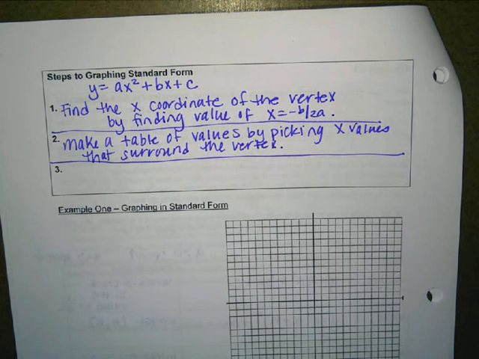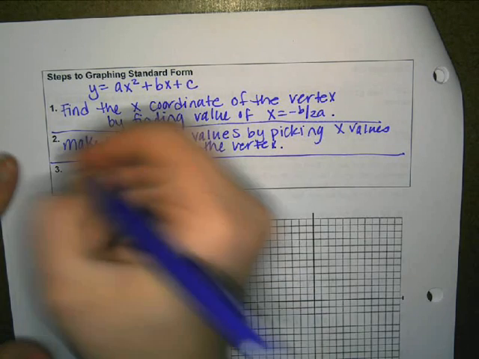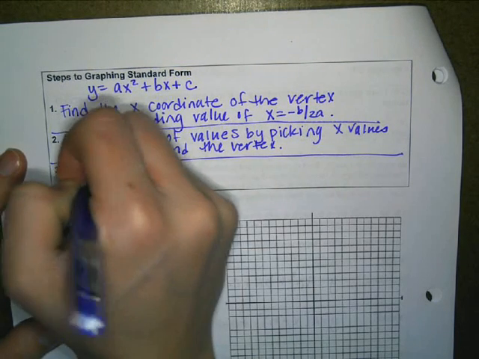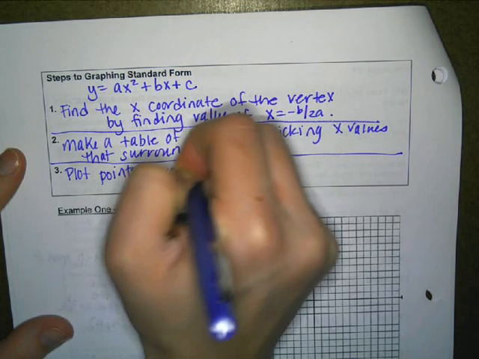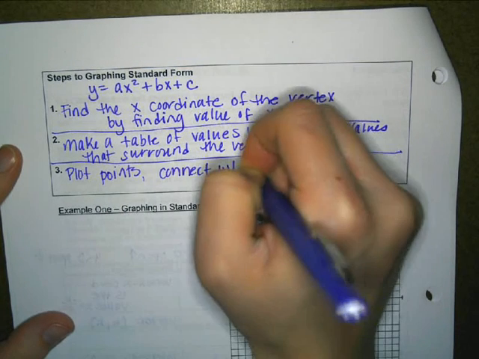So we need points on both sides, and so we start with what I call one of the most important points in a parabola, which is the vertex. And then we build our table around the vertex, because then we're sure to get points on either side so you can see the curve. Okay, so once you make a table of values, then you're going to plot your points. Connect with a smooth curve.